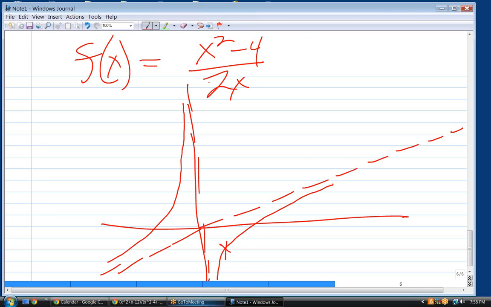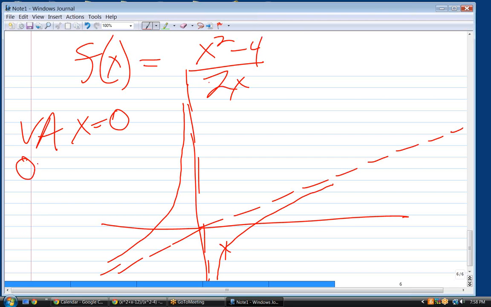Y-intercepts. Do we have a y-intercept? No, because I can't plug in 0 for x. That's the vertical asymptote, x equals 0. So the vertical asymptote is x equals 0.